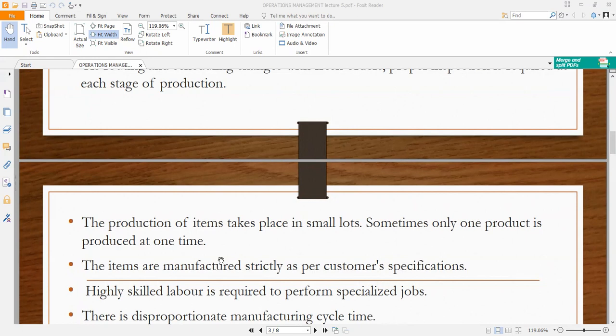For example, I'll talk about Rolls Royce, the manufacturers of Rolls Royce. Today, when you want to buy a Rolls Royce, they will customize it to the way you want it.